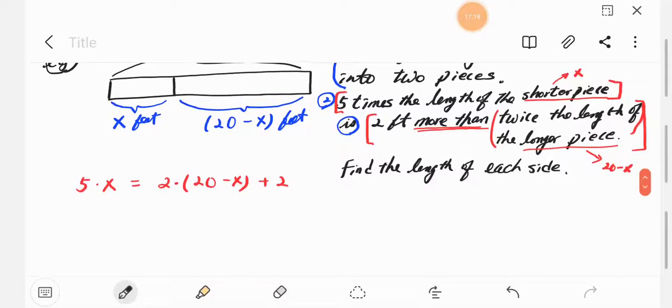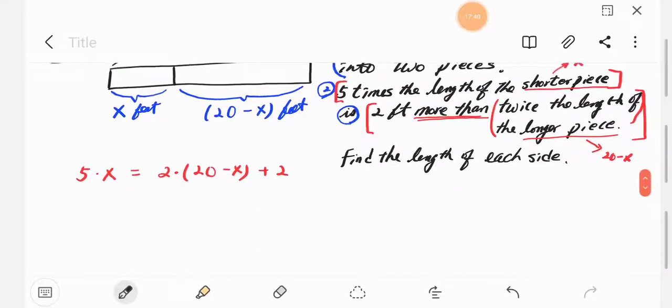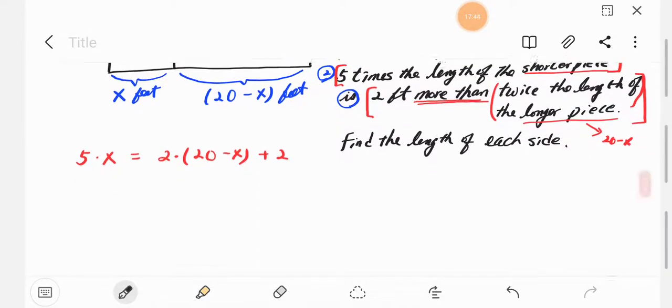From the second sentence, write an equation: 5 times the length of the shorter piece, so 5x, equals 2 feet more than something, so something plus 2. And this something is twice the length of the longer piece, so 2 times 20 minus x.